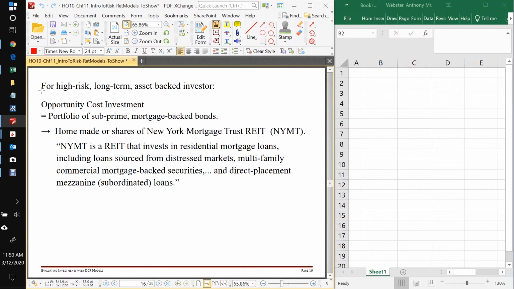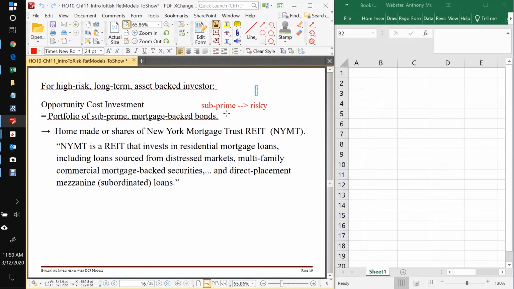And how about for our high risk, long-term asset-backed investor? For her, her opportunity cost investment could be something like a portfolio of subprime mortgage-backed bonds. Subprime just means, in case I haven't said it before, risky, okay?